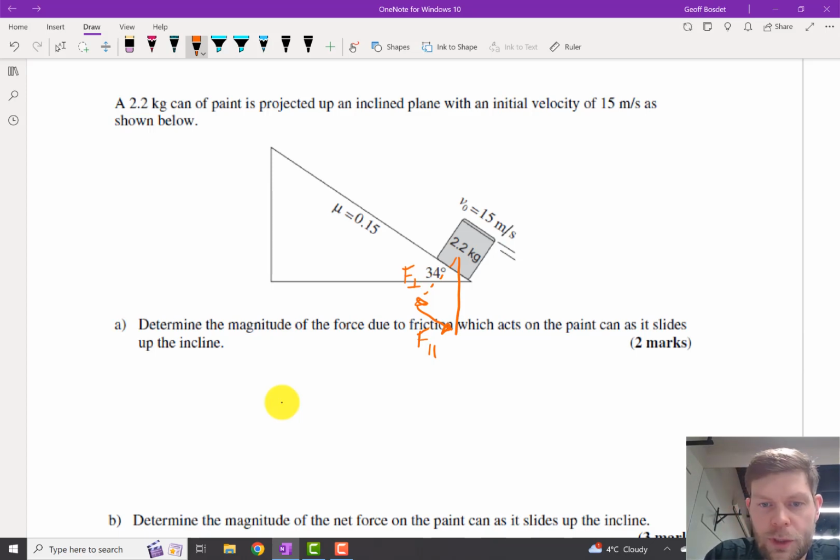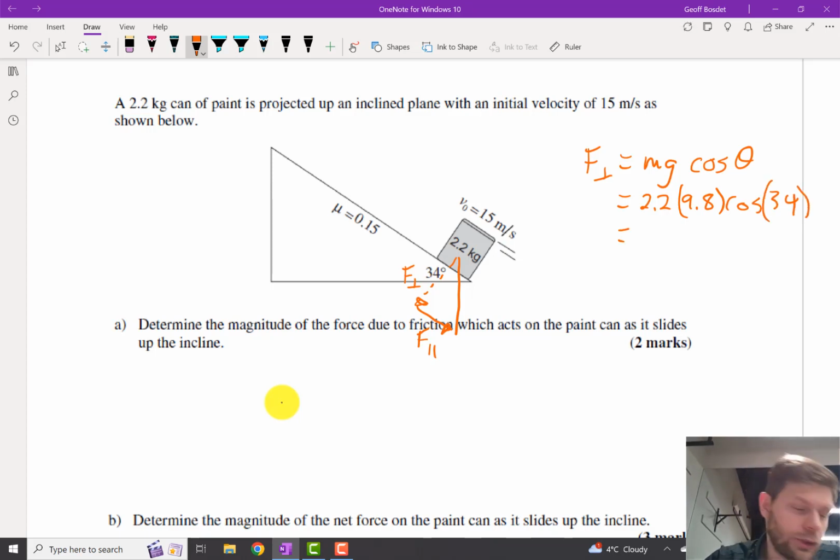F perpendicular will just be mg cos theta, or 2.2 times 9.8 times cos of 34, which is equal to 17.8, or 17.9 rather, with rounding.